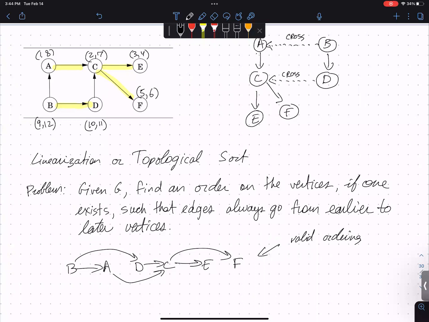So you can take the classes in that order, and then you're satisfying all the prerequisites. If you have a dependency graph, for example, for a scheduler, then coming up with a valid ordering is an order in which you can run the processes so that all the outputs are ready for when they're used as inputs.